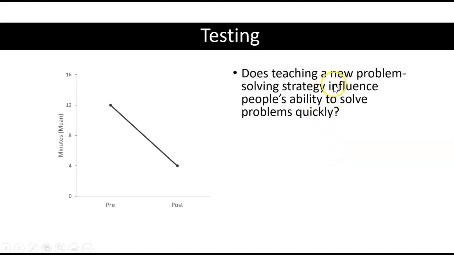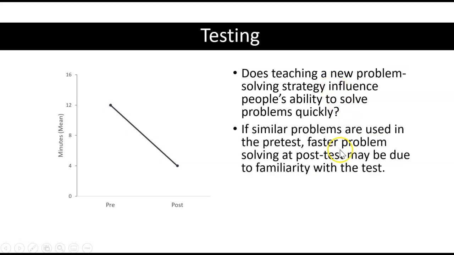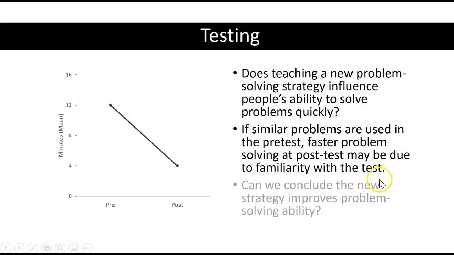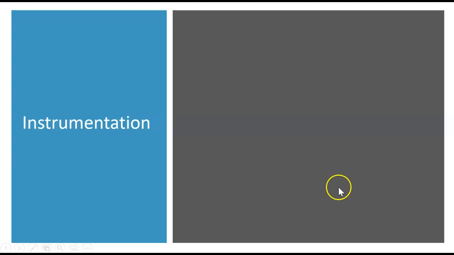So it may not be your strategy. It may be that now that they've seen a similar test before, there's less confusion associated with a novel task. So that means you can't separate out the testing effect from the effect of teaching someone a new problem-solving strategy. Again, the solution to this problem is to have a comparison group.